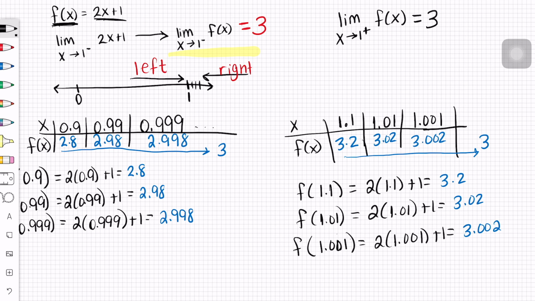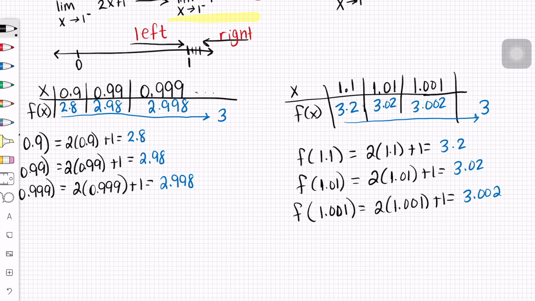Now, I'm going to add one thing to this example. We have a theorem.